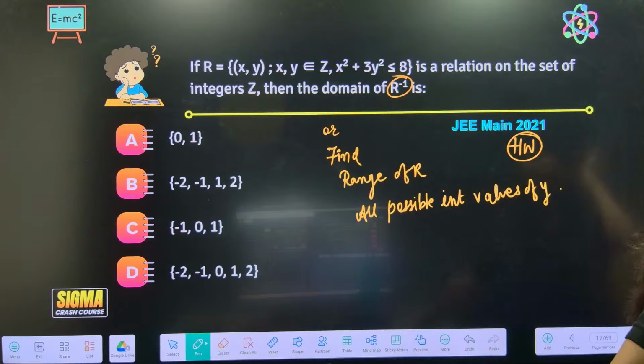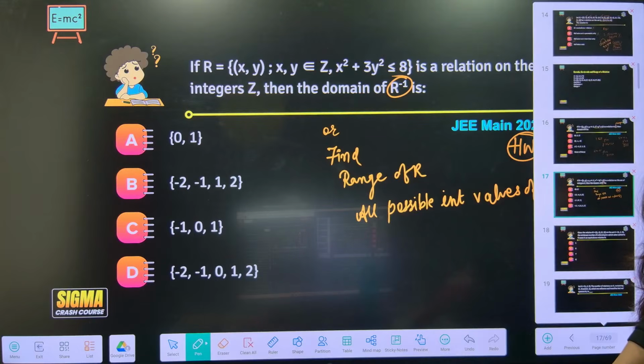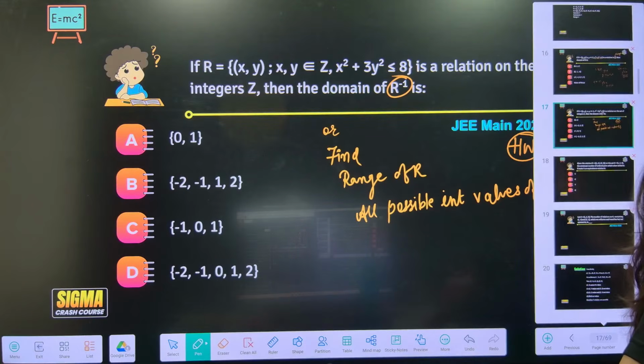So start with y equals 0, then y equals 1, y equals 2, and so on. All right. Now, are we ready to do some JEE Main questions?